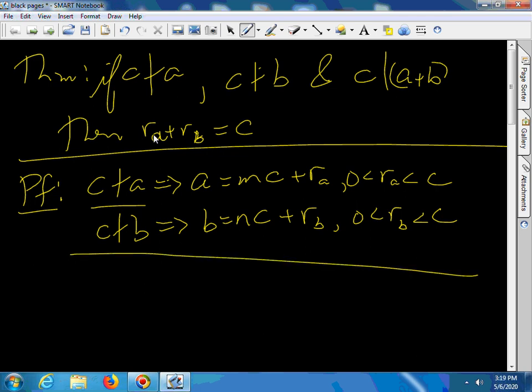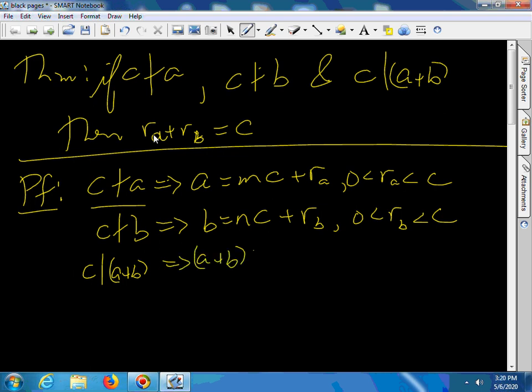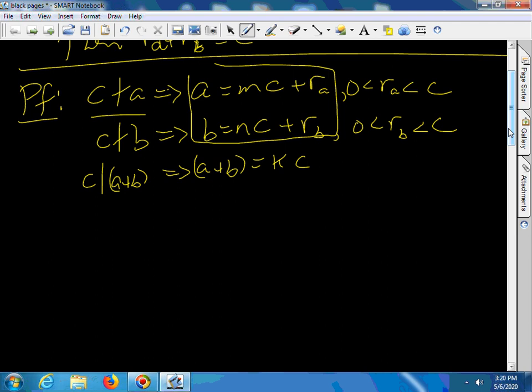Now, we're told that C divides A plus B. Okay, so let me actually just include that. C divides A plus B means that A plus B is some multiple of C. Okay. So I'm going to add A and B. A is a multiple NC plus RA.